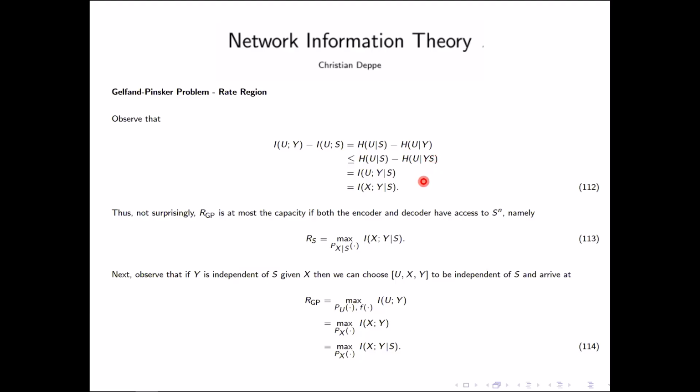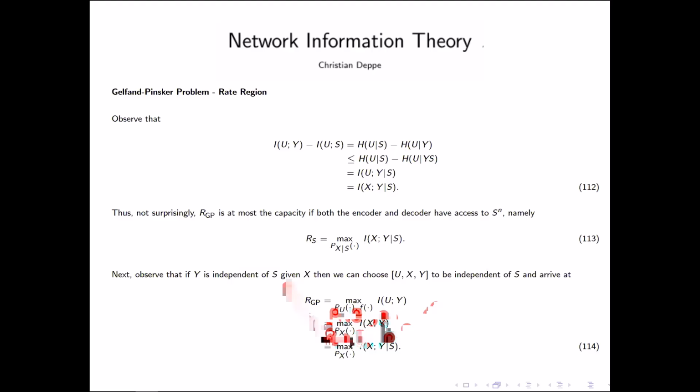So if both the encoder and decoder have access to S^n, then we have here an equality. That means we can achieve this rate if the encoder and the decoder have access to S^n. The next thing we looked at was if Y is independent of S, given X. Then, not surprisingly, we get the same capacity as we get for the channel without state.